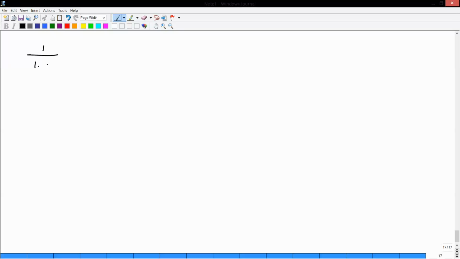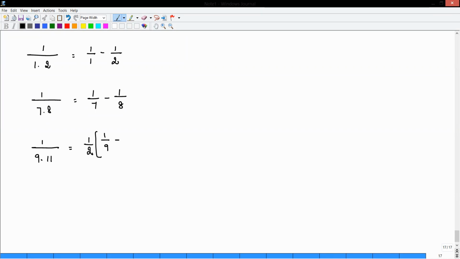Suppose if it is 1 into 2, you can always write it as 1 by 1 minus 1 by 2. 7 into 8. 9 into 11. The difference is 2, right? So you can always write it as 1 by 2 into. This is how we write it.